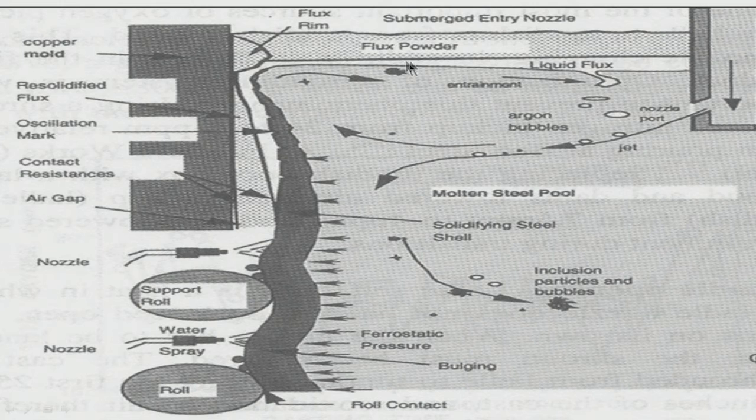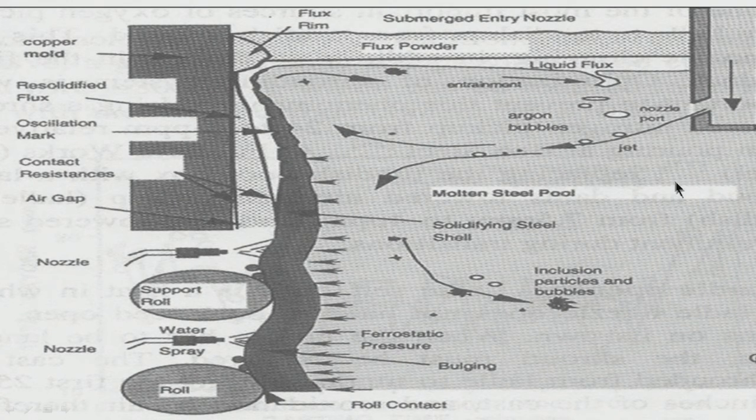So, because of the turbulence, the liquid steel level at the surface here should not move up or come down very much, because the turbulence has to be controlled. Otherwise, if the turbulence is much, then there is a possibility of entrainment of the liquid slag at these locations. Here it is shown.